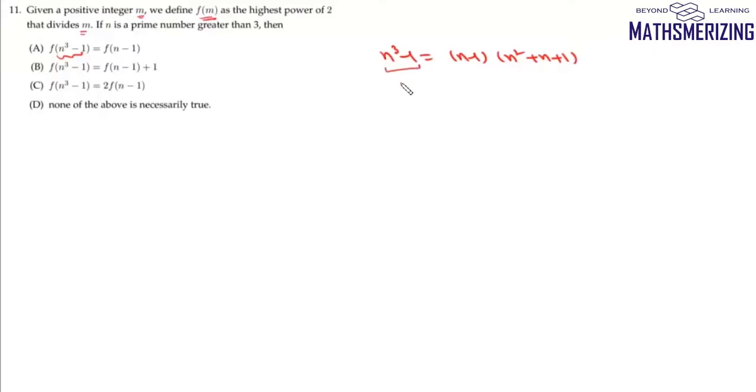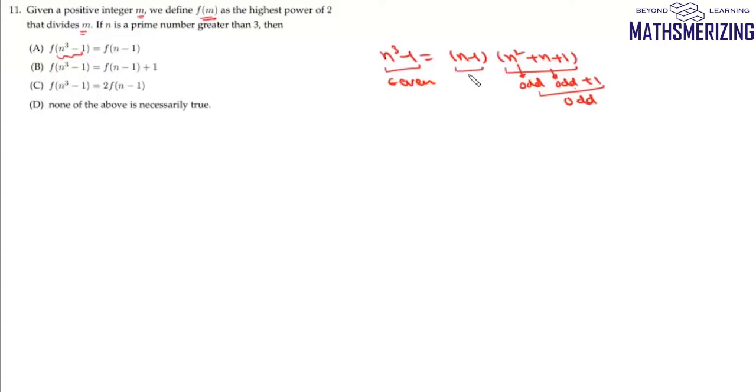Now n cube minus 1, this is an even number. Now n square plus n plus 1: n square is odd, n is odd, and then plus 1. So it will be an odd number. Odd plus odd is even, even plus 1 is odd.